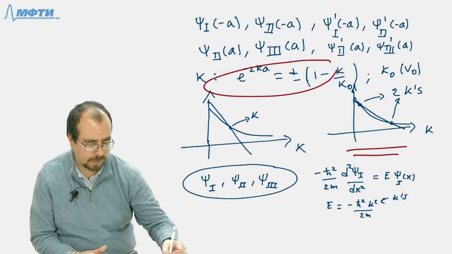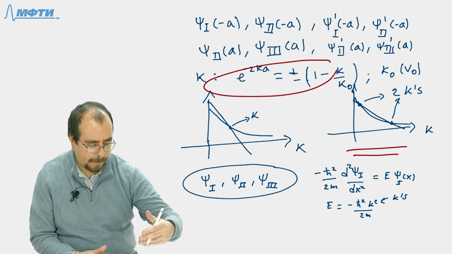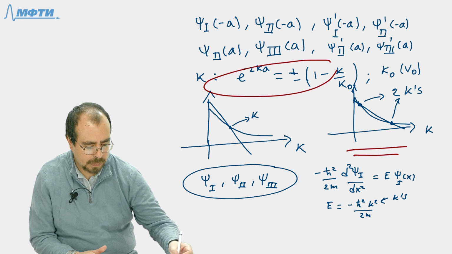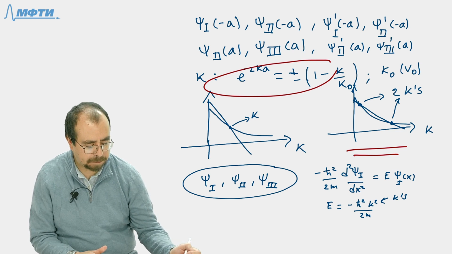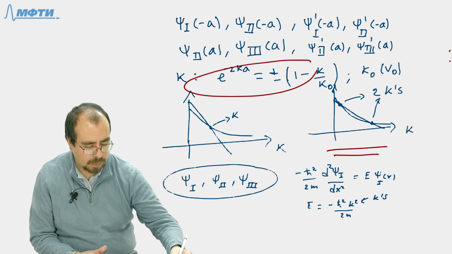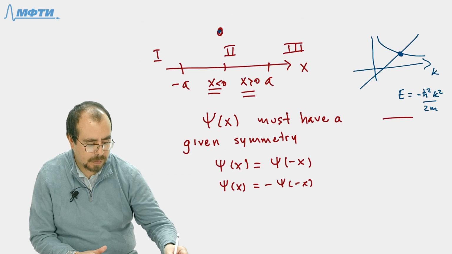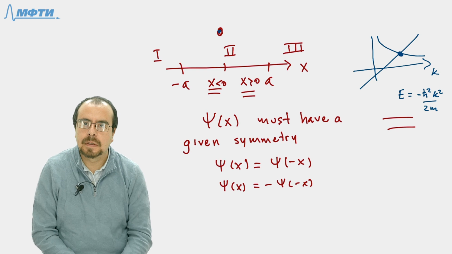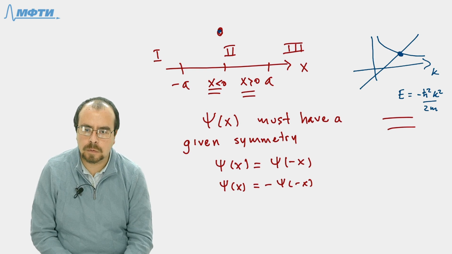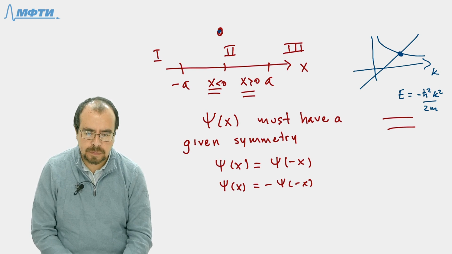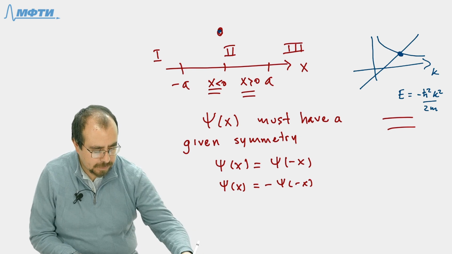We will have, for example, a negative slope or a positive slope here. So that's what I want you to know a little bit more.